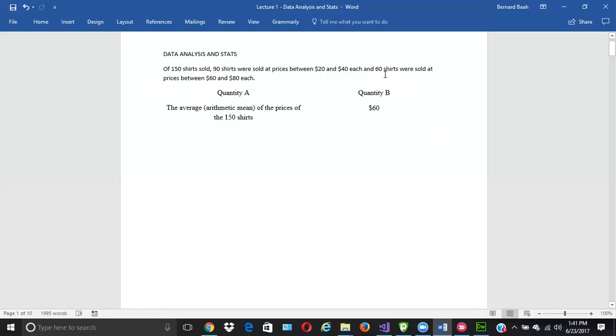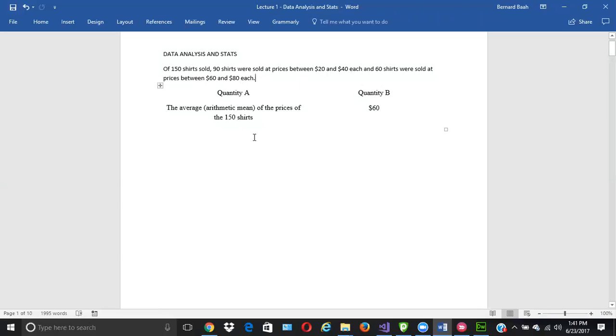So if both the 90 and the 60 shirts were sold at the lowest possible prices, that's one scenario. We could find what the average price is. And then if the same shirts, 90 and 60 shirts, were sold at the highest possible price, 40 and 80, then we could find, again, the weighted average in that case.